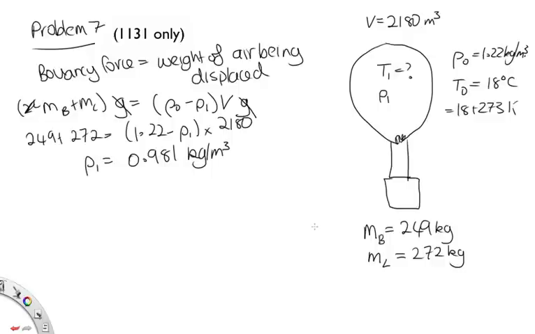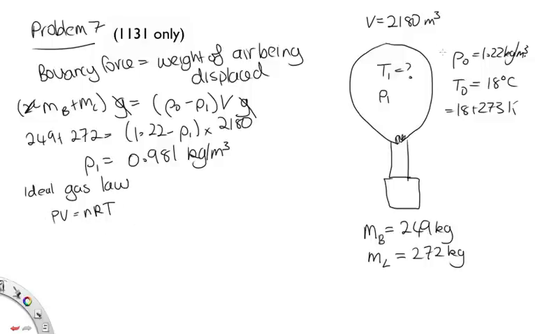Okay, so now we need to use this to find the temperature. To do that, let's make use of the ideal gas law. We know that PV is equal to nRT. Now, when this balloon's up in the atmosphere, molecules of gas can come in and out, so n is not constant. T is what we're trying to find. R is a constant.